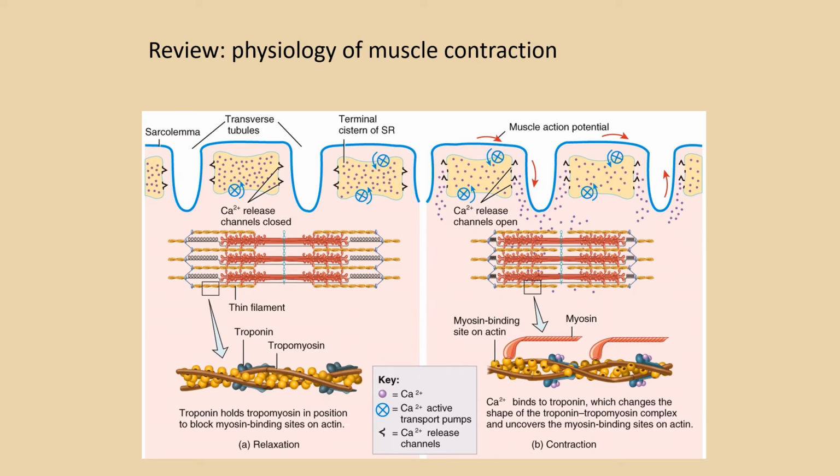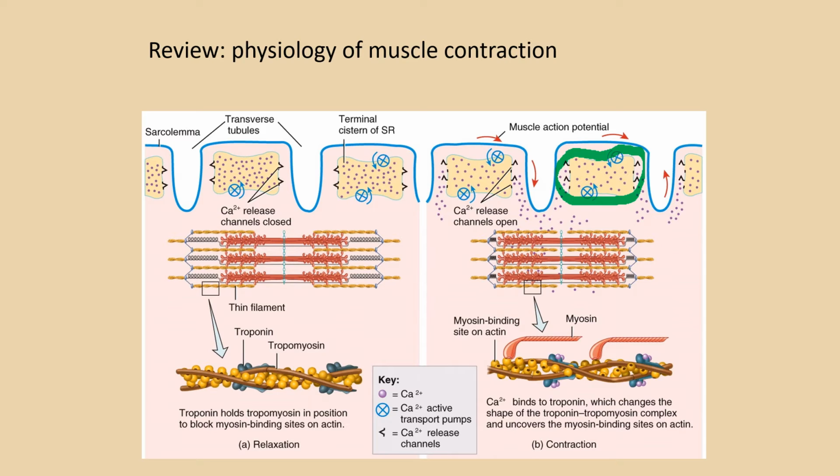We've seen this image before in a different chapter. We looked at this image when we were understanding the role of calcium in muscle contraction in skeletal muscle. It's not too different in cardiac muscle. So you remember in skeletal muscle that an action potential causes calcium release channels in the sarcoplasmic reticulum to open up.